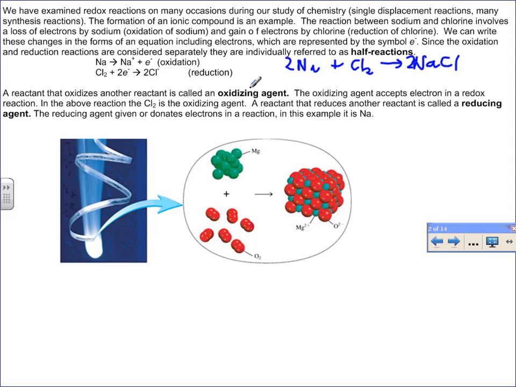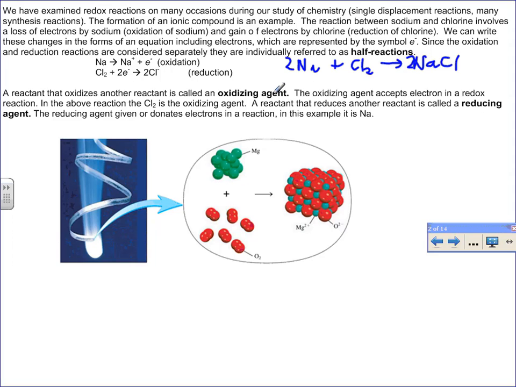Now we can also refer to substances as either being the oxidizing agent or the reducing agent. The oxidizing agent is the substance that is allowing something to be oxidized. So it's allowing something to lose electrons. So therefore, it is the substance that is reduced.